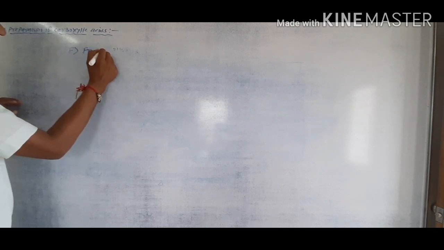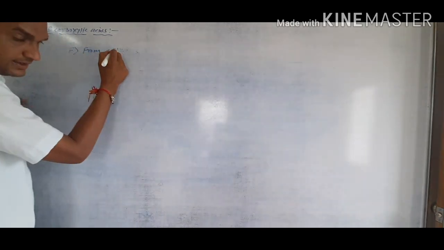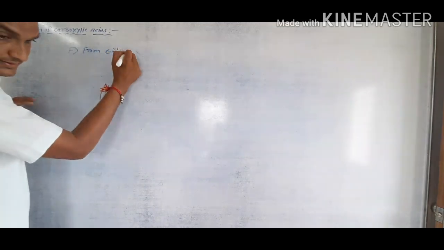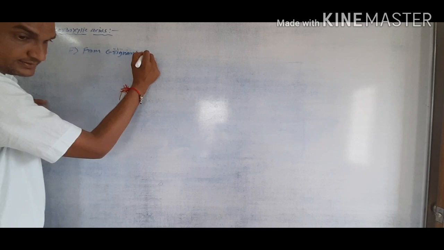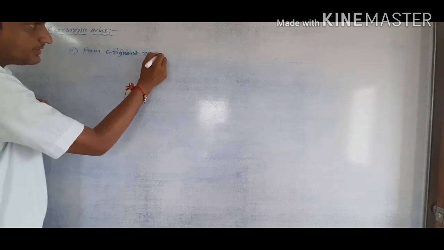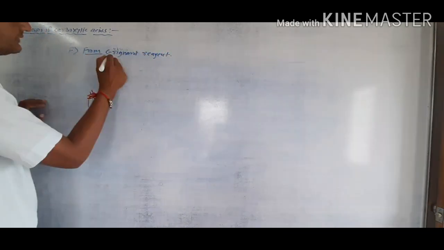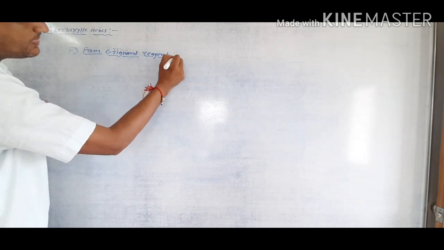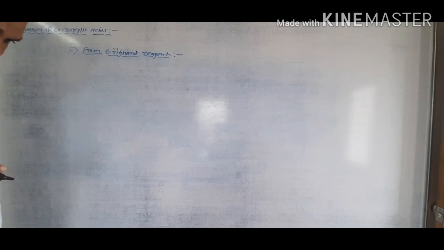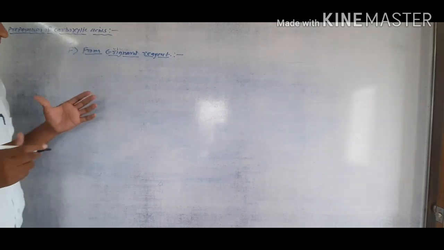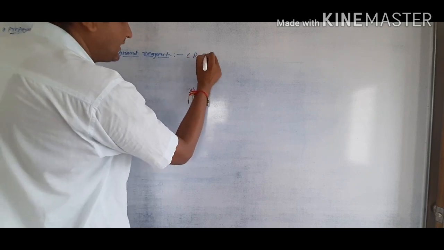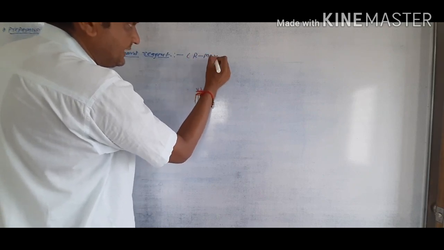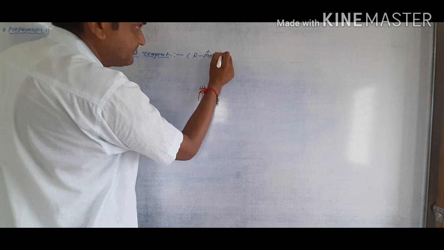From the Grignard reagent. It is also most important in the Grignard reaction. Grignard reaction you have already studied in the 11th science. R, Mg, X, here it is the plus and here it is the minus.